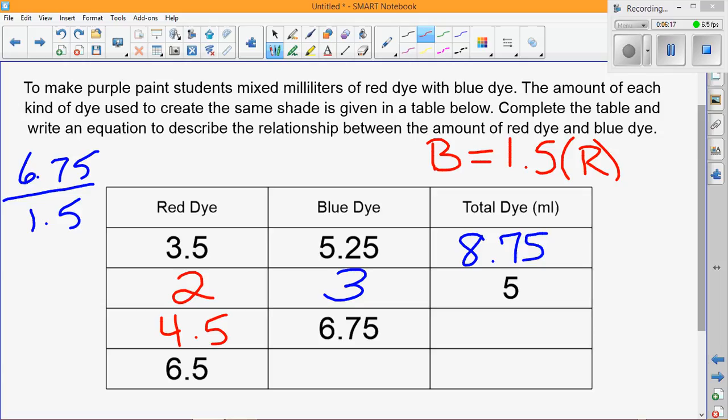And if we have 4.5 plus 6.75, we're going to get 11.25.